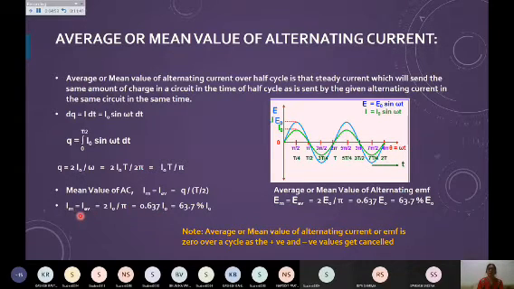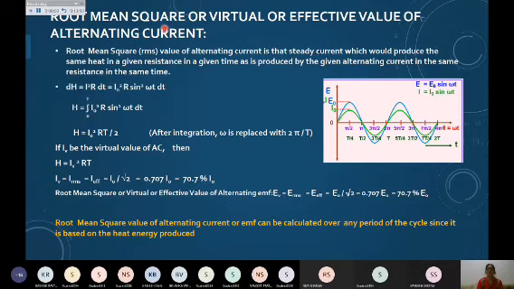So I average equals 0.637 times the peak value current I naught, or you can write it as 63.7% of I naught. So always when we have been asked for mean value or average value, you have to find it for half the cycle. Now what is coming next is the root mean square.